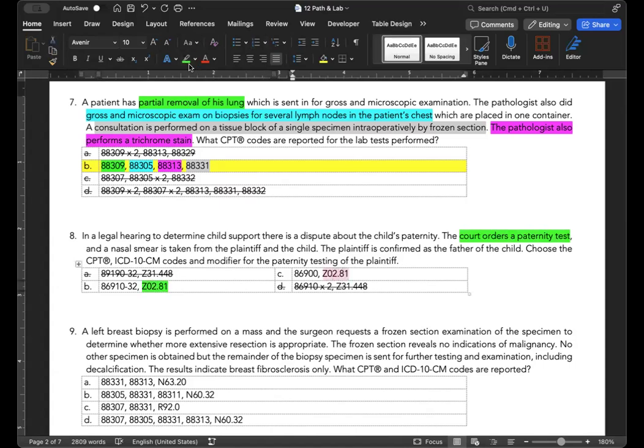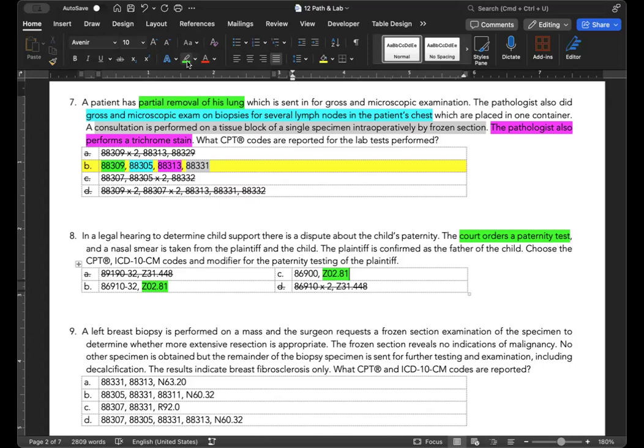And then we just need to decide, is it going to be 86900 or 86910? Technically, it'd be none of them because it's a nasal smear. Hang on, I'm still flipping to it. 86900 is a blood typing serologic ABO, and 86910.